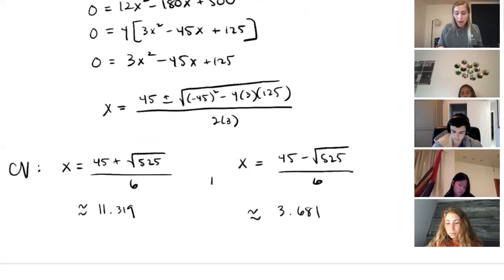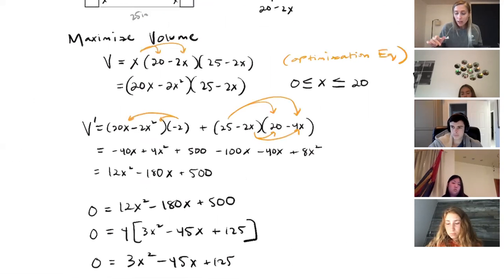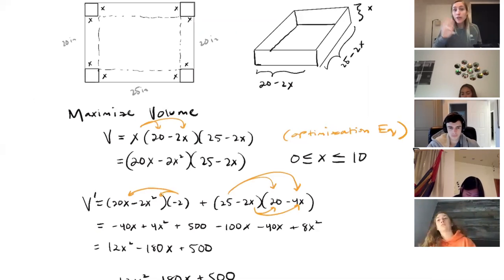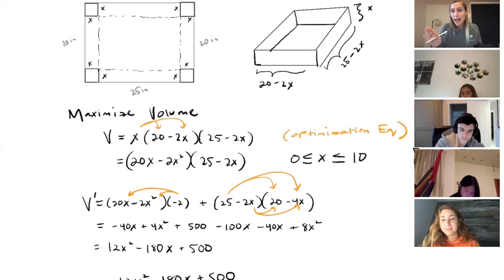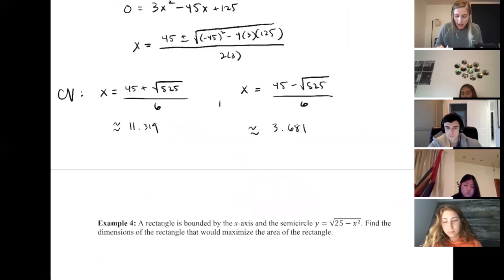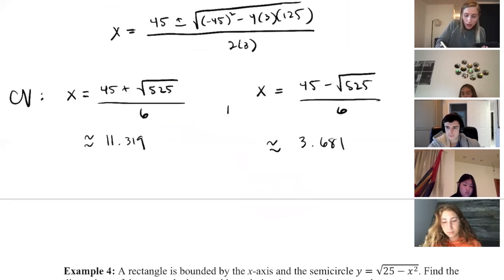Well, x has to be between 0 and, it should be 10. I'm sorry, you guys said 10. 0 and 10. X has to be between 0 and 10. So that means that the critical value that is over 10 can be thrown out.